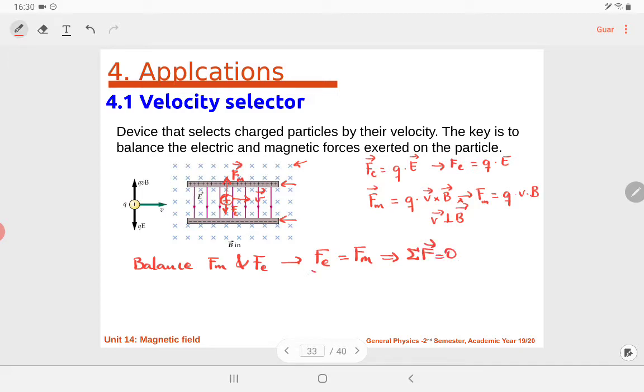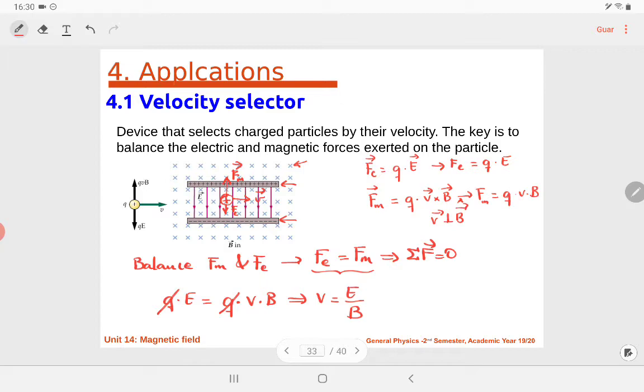When could we have this case? This case would be when qE, which is the electric force, is equal to qvB. Here you see that this is going to be independent of the charge, and that this balance is going to be attained only if the speed of this particle is equal to the ratio between the electric field and the magnetic field, v = E/B.